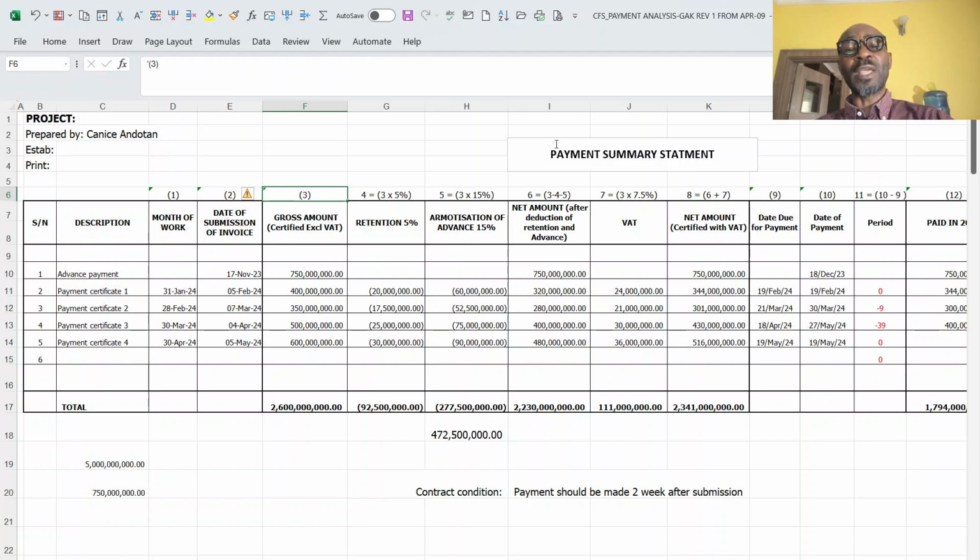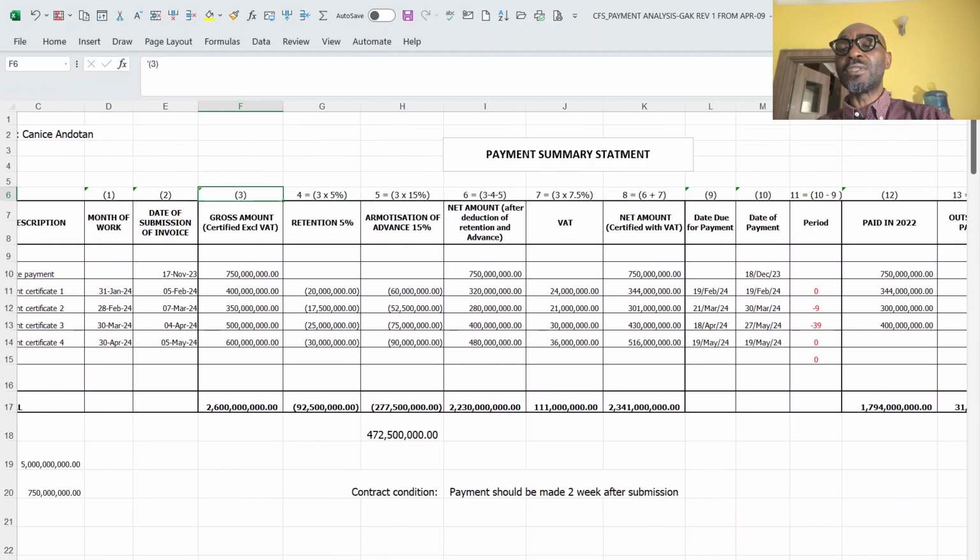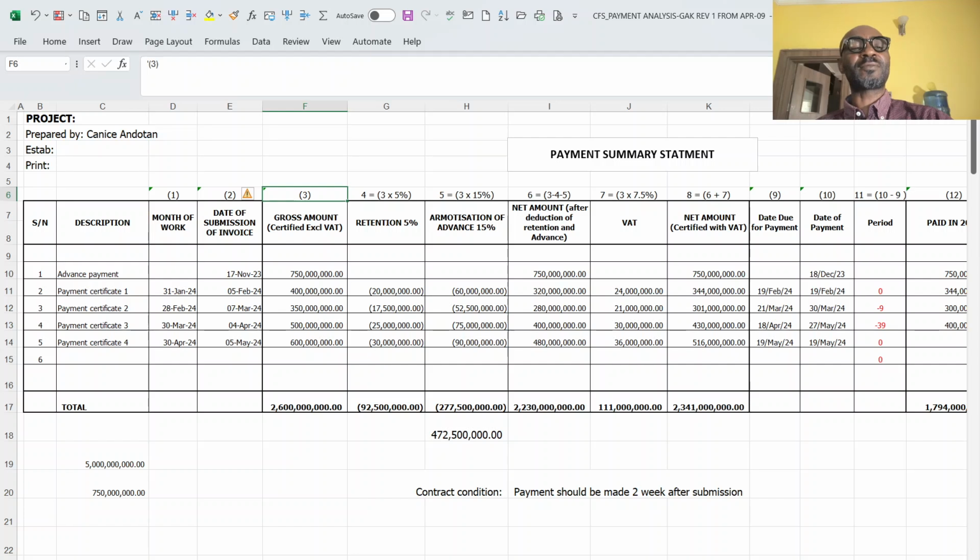Then to get the formula in column I, which is numbered as 6, you less 4 and 5 from 3. So this is how the formula is gotten till you get to the end.